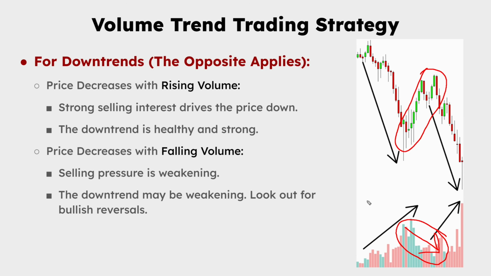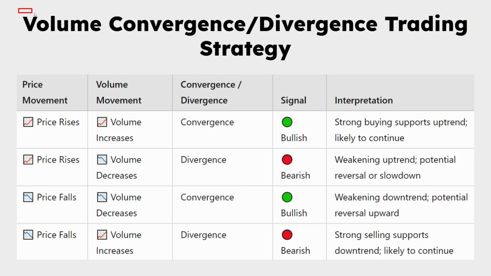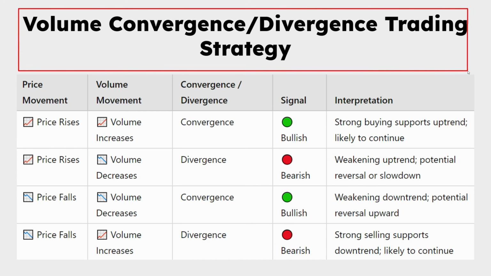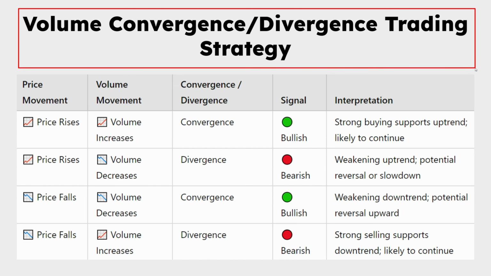And this means that the buying interest, or the buyers supporting the upward move, was getting less and less. So this is an indication that the price might continue to the downside. And this is exactly what we're going to talk about next when we talk about volume convergence and volume divergence. Alright guys, so now it's time to take a look at the volume convergence divergence trading strategy.